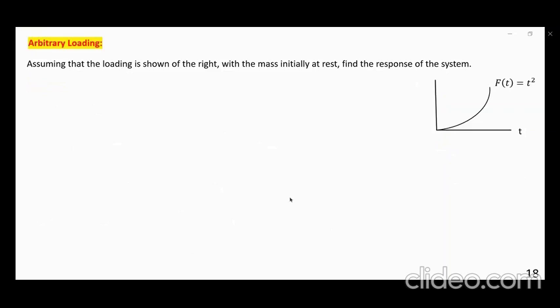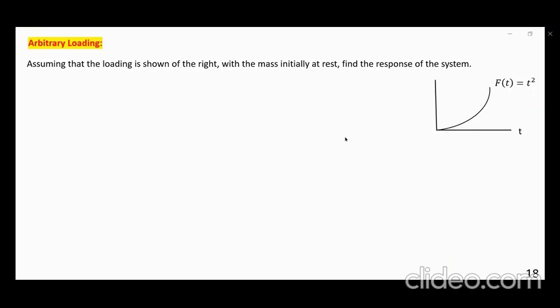Okay. Now let us consider the case where the load is not an impulse, not zero, and not sinusoidal. It's like that. Again, the mass is initially at rest.